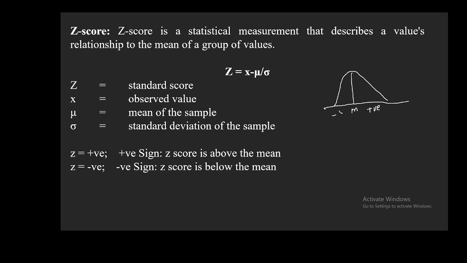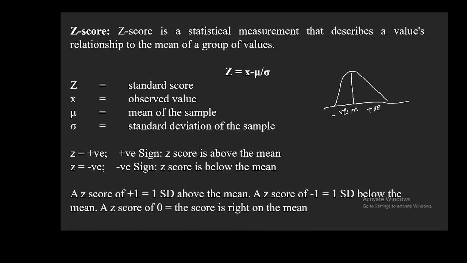If the z-score is negative, it is below the mean. So that's how this works. A z-score of positive 1 means 1 standard deviation above the mean, a z-score of negative 1 means 1 standard deviation below the mean, and a z-score of 0 means the score is right on the mean.